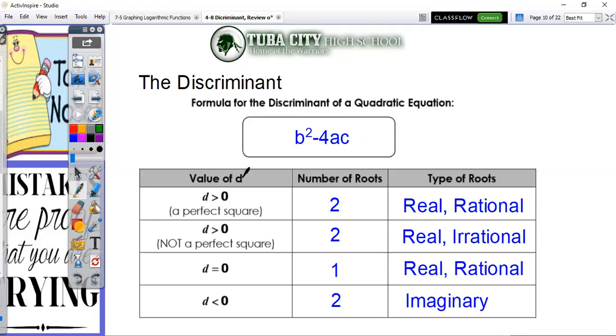So if you look at the value of your discriminant, if your discriminant is greater than 0, which in this case means that it is a positive number, you will get 2 real and rational roots. Real number, we already covered that kind of, and rational means that it's not going to be a repeating decimal, or a square root of a number that will become a repeating decimal.